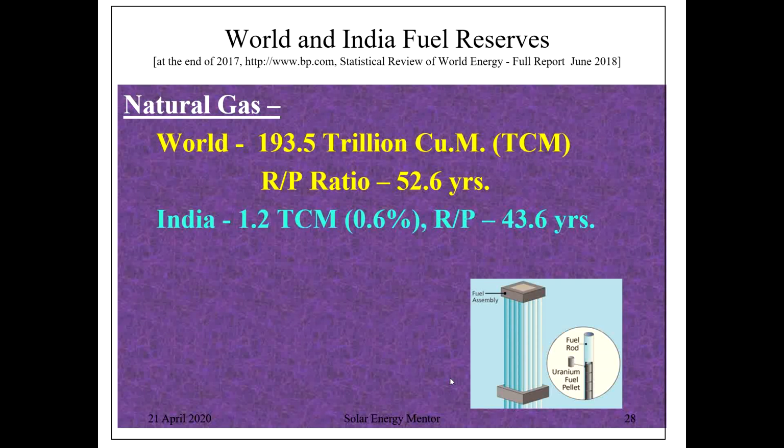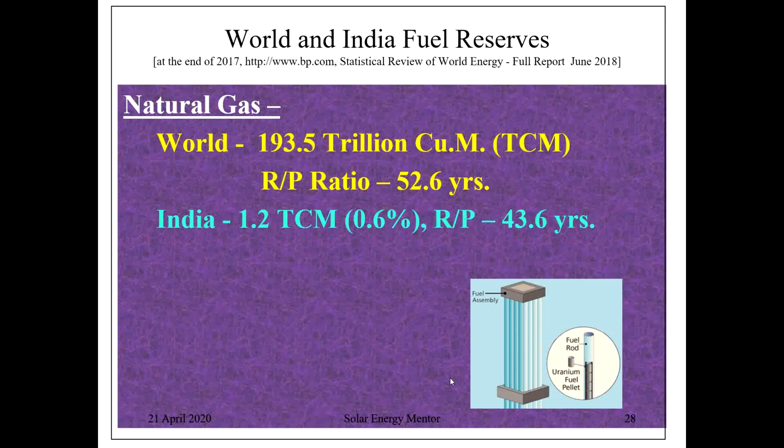Natural gas reserve scenario. So the world has 193.5 trillion cubic meters of gas with an R/P ratio, reserves to production ratio, of 52.6 years, and India has 1.2 trillion cubic meters of gas reserves, which amounts to just 0.6% of the world value.